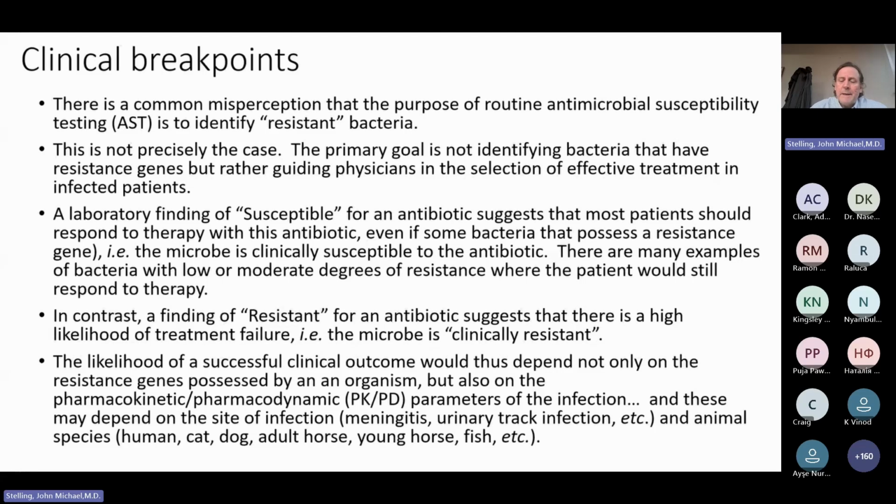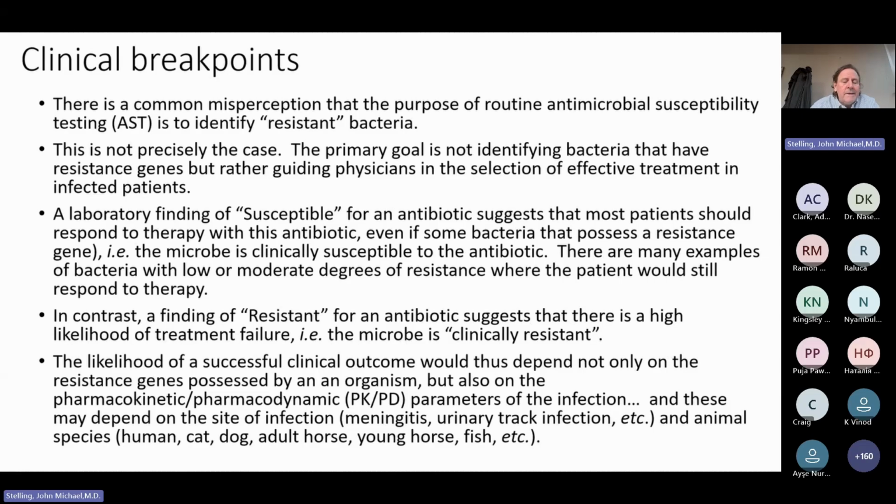So the clinical susceptibility or resistance depends not only on the characteristics of the organism, it also depends on the infection. Is it in the urine? Is it in meningitis? Is it in the ear? And that also, if you extend it, can extend to the animal. If something is a cat or a dog or a fish, a little bit of resistance may or may not be important.